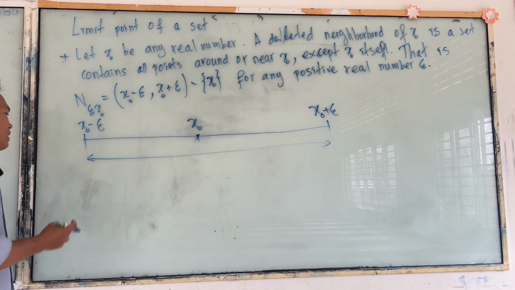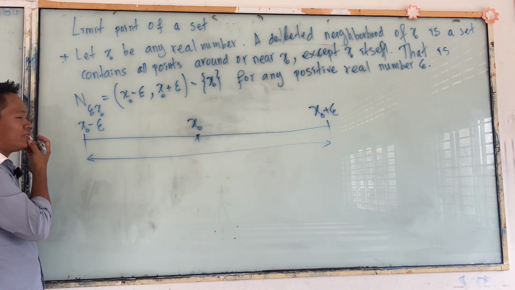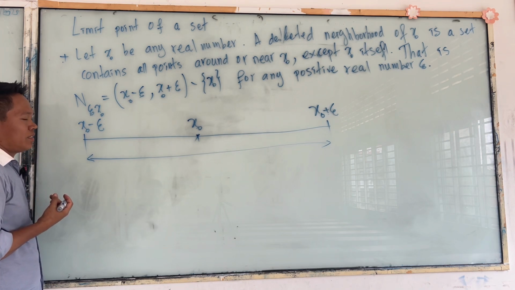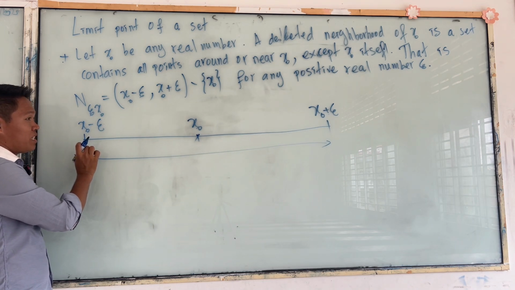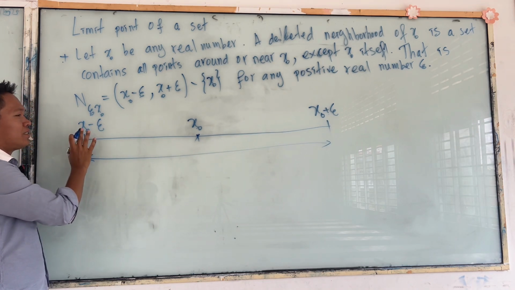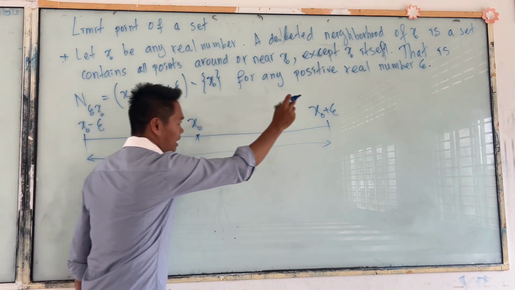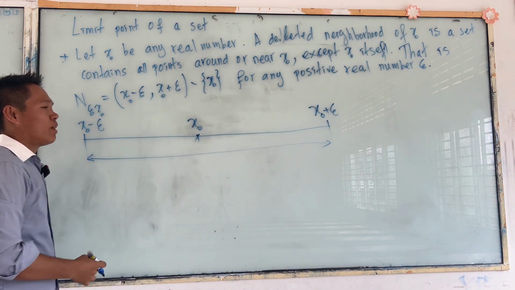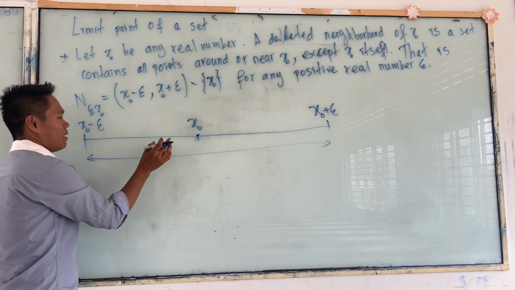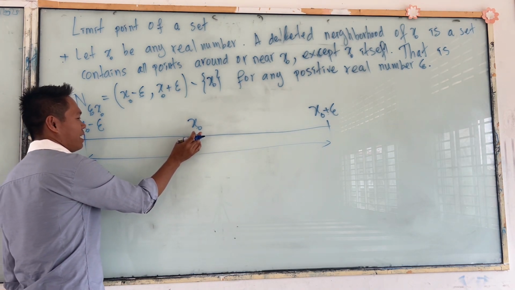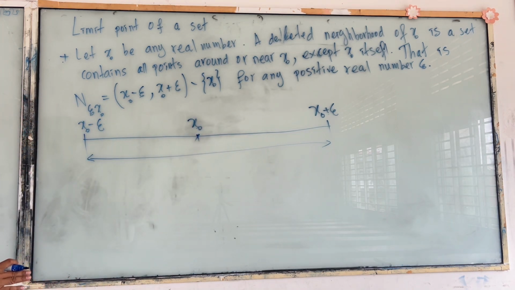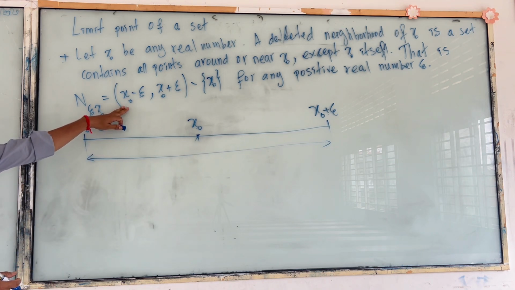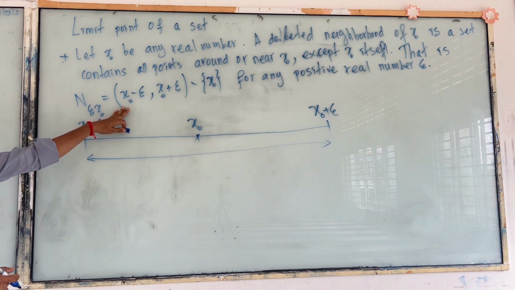You got it? The neighborhood of x0 on real number is in the form of the interval x0 minus epsilon, x0 plus epsilon. Now you omit x0 from this, and you will get a deleted neighborhood of x0. Like this. So something that I have written here is just an example.